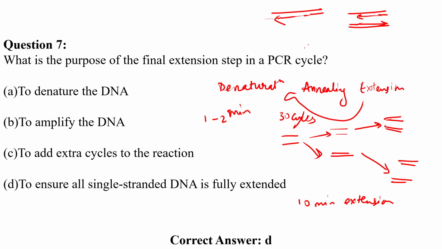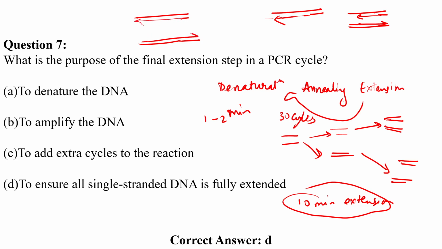So if by chance there is some DNA single strand that has the primers annealed, but the extension did not get completed, in this additional 10-minute extension that we are giving, all those DNA extensions that did not get fulfilled during the cycle reaction can get completed.